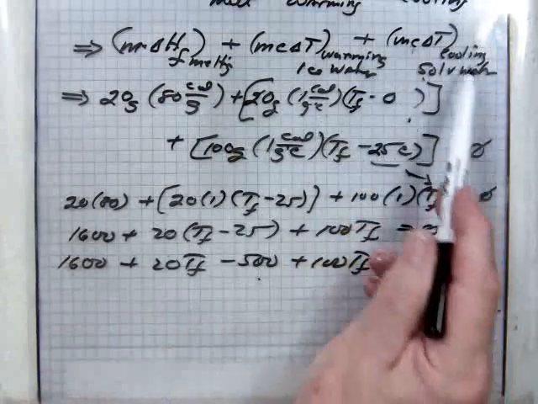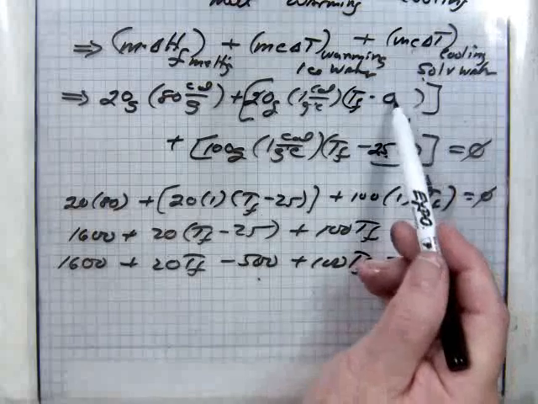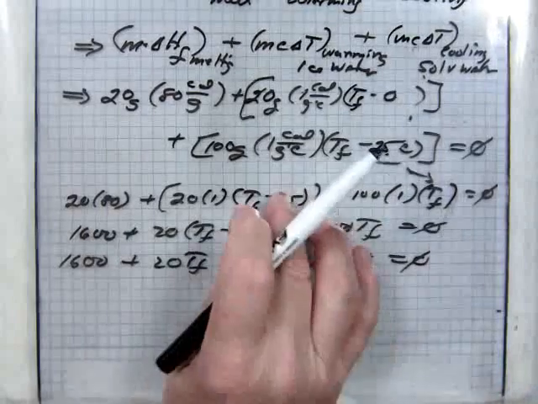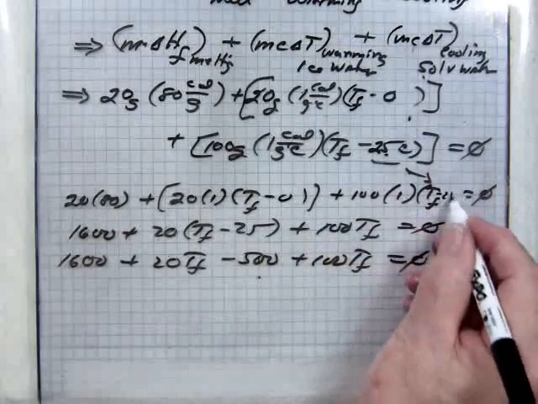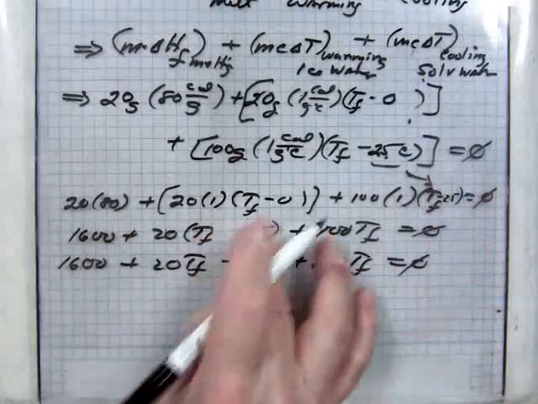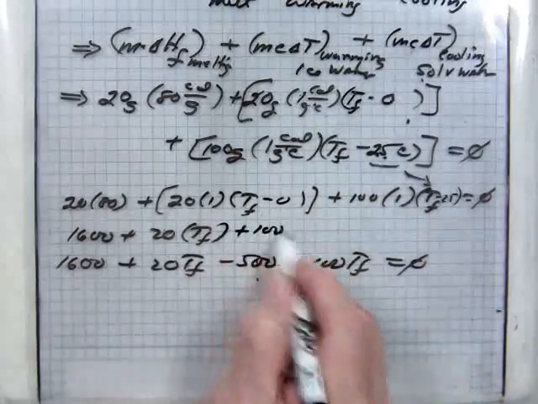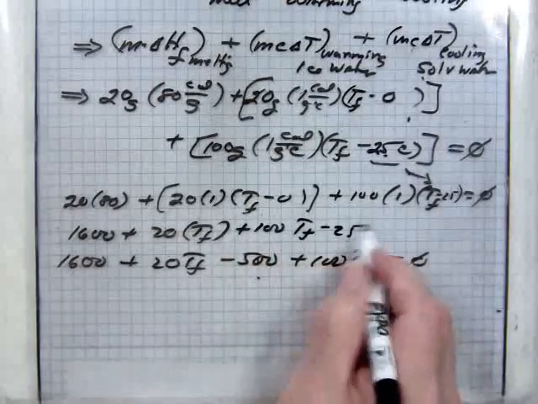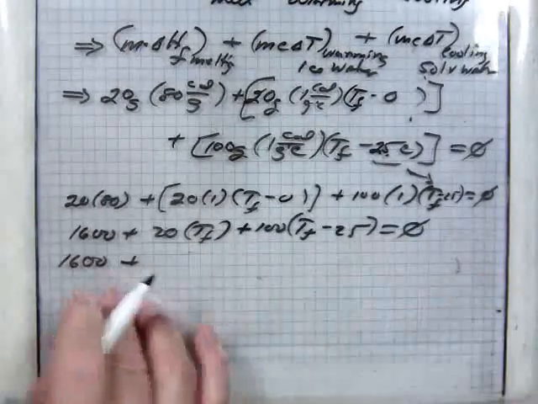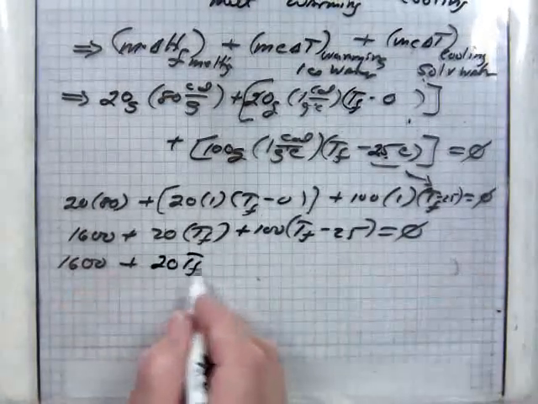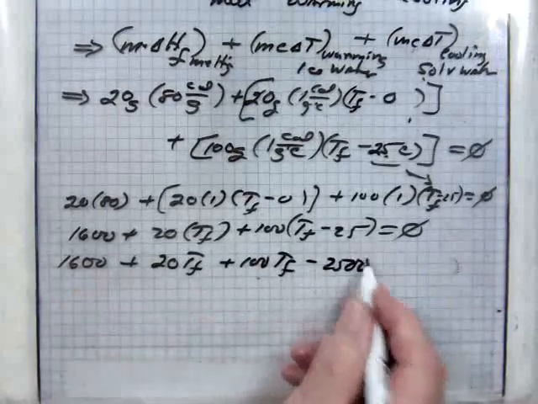There. I just had the temperatures in the wrong place. See, this is the cooling of the solvent water, and it should have the T final 25. This one should have the 0. So correcting that, this should have the 0, and this should be TF minus 25 right there. And so that's minus 0, and correct that, plus 100 TF minus 25. Now it'll smell better after this. Let me get rid of that and redo that. 1600 plus 20 TF plus 100 TF minus 2500 equals 0.